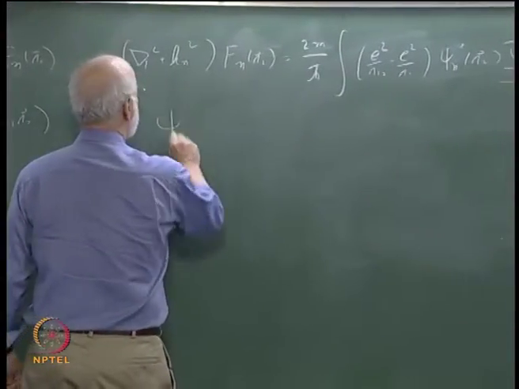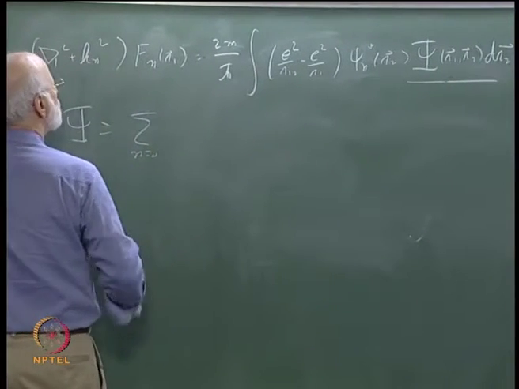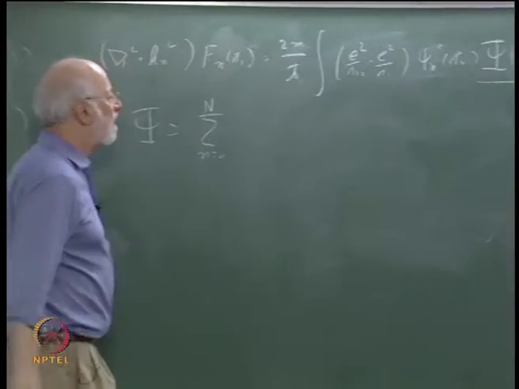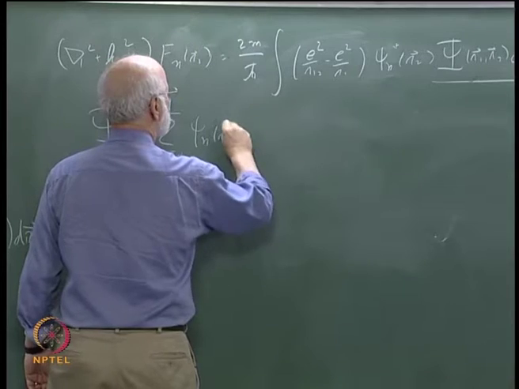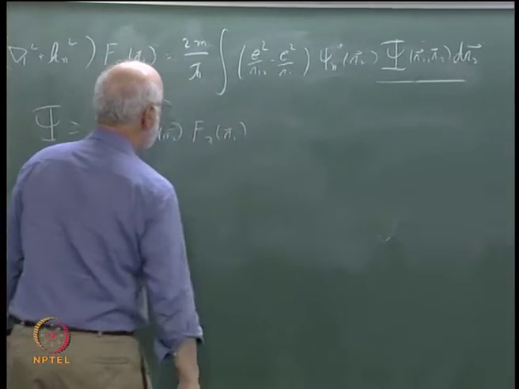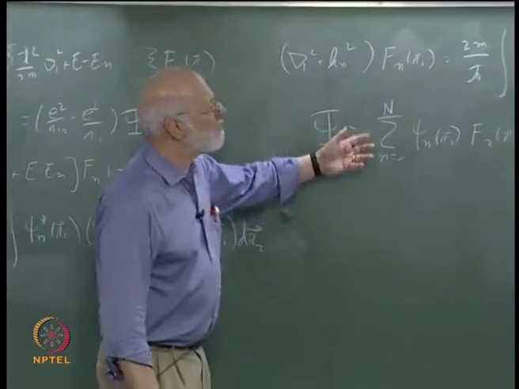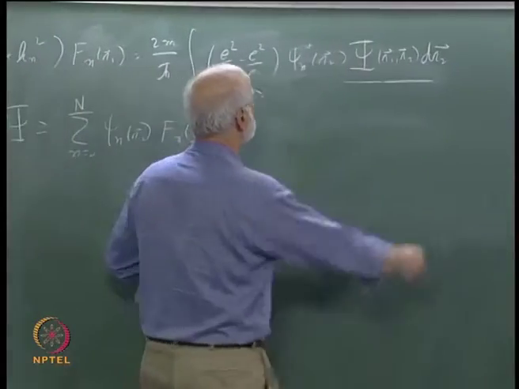If I take capital psi as the sum from n equals 0 to some capital N, instead of infinity, of psi n of r2 Fn of r1, then if I plug this in here, I will have on this side the Fn's.